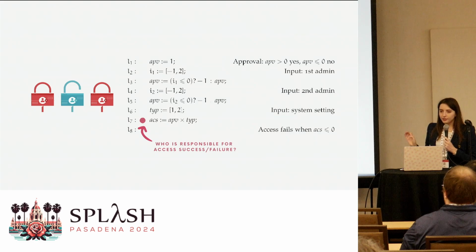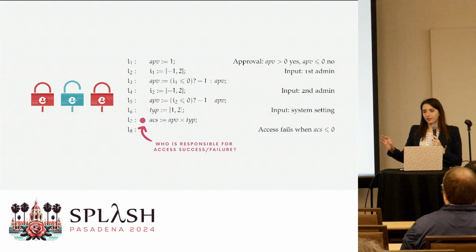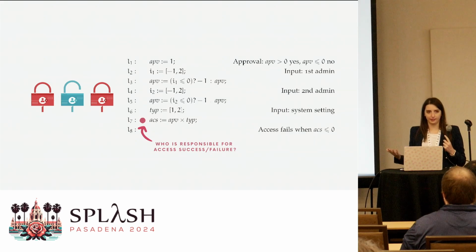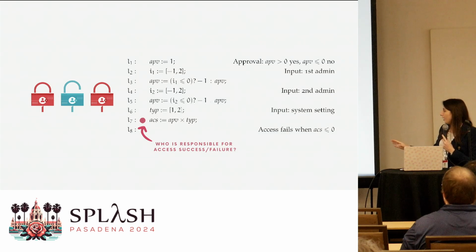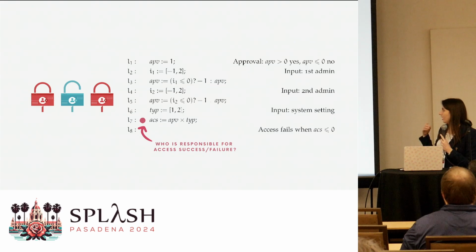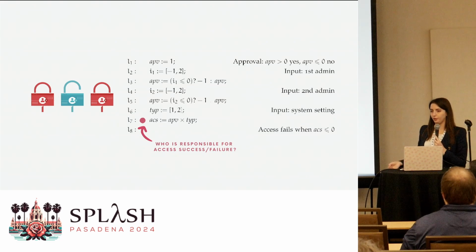We are interested in seeing when the value of ACS is positive or negative, because if the value of ACS is strictly positive, we have an access success to a resource. Otherwise, the access fails. The access success happens when both administrators put a positive value to the variables, otherwise the access fails.